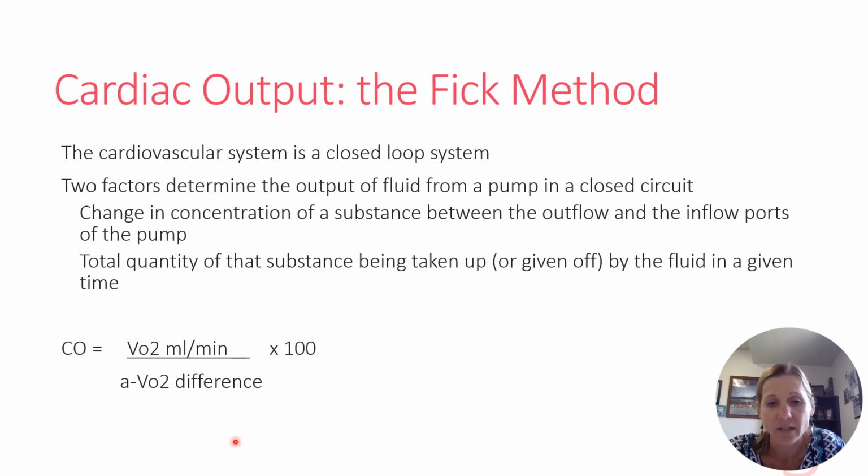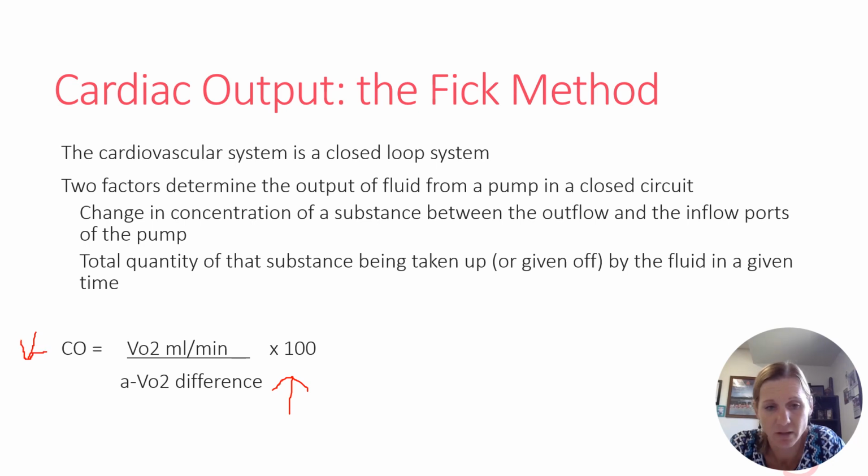Okay, and then the other factor is AVO2 difference. AVO2 difference is arteriovenous difference, and this tells us the difference in oxygen concentrations in the arteries versus in the veins. So basically what this tells us is how much oxygen is dropped off at the tissue level. Okay, so the more oxygen I drop off at the tissue level, so if I increase AVO2 difference, that would allow me to decrease cardiac output.